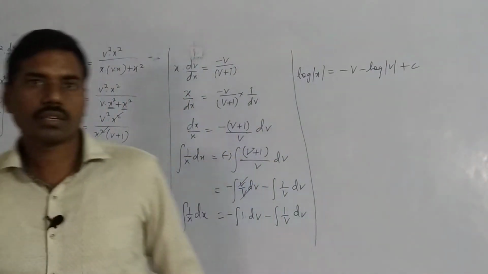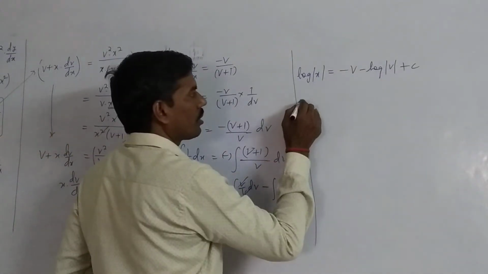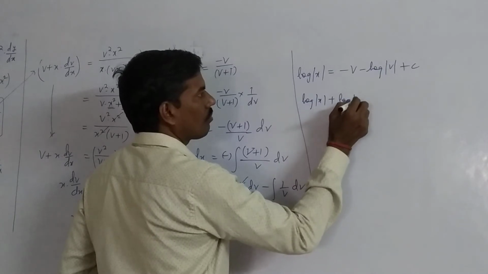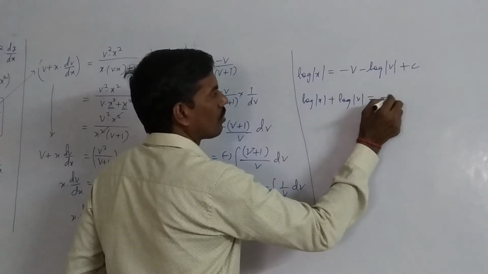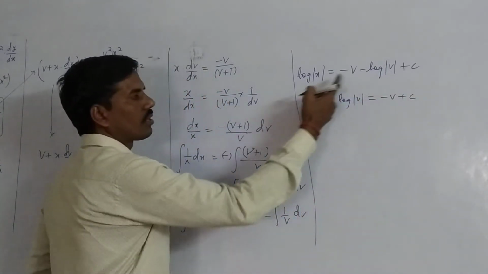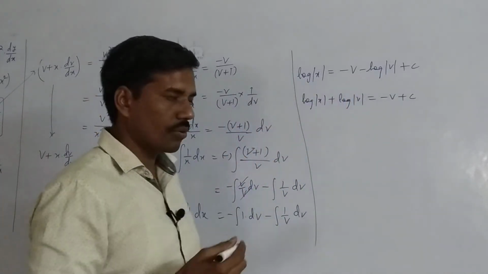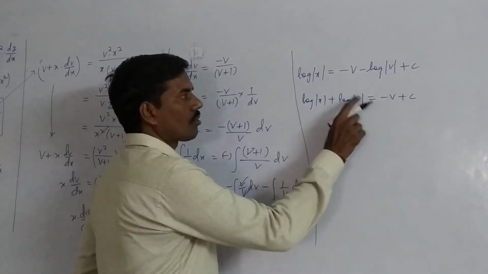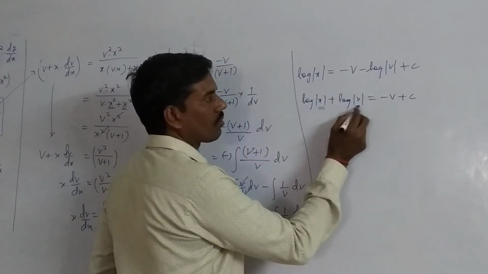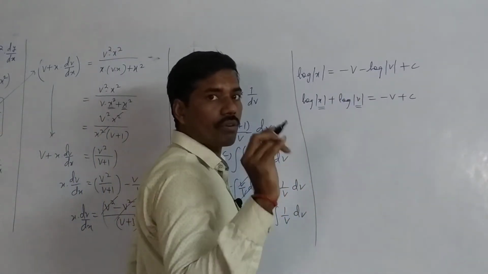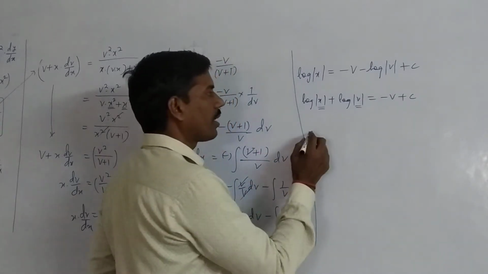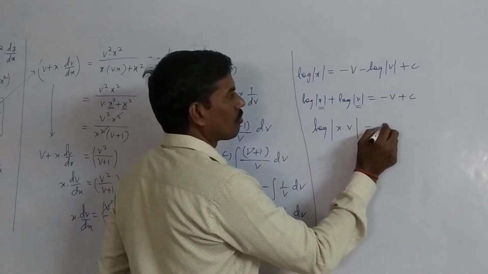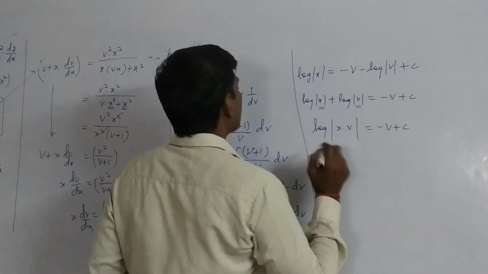So taking the terms of logarithms, we have log of mod of x plus log of v is equal to minus v plus c. Minus log goes to left hand side of the equal, becomes positive, so plus log of v. Log of m plus log of n is equal to log of m into n. So log of x into v is equal to minus v plus c.